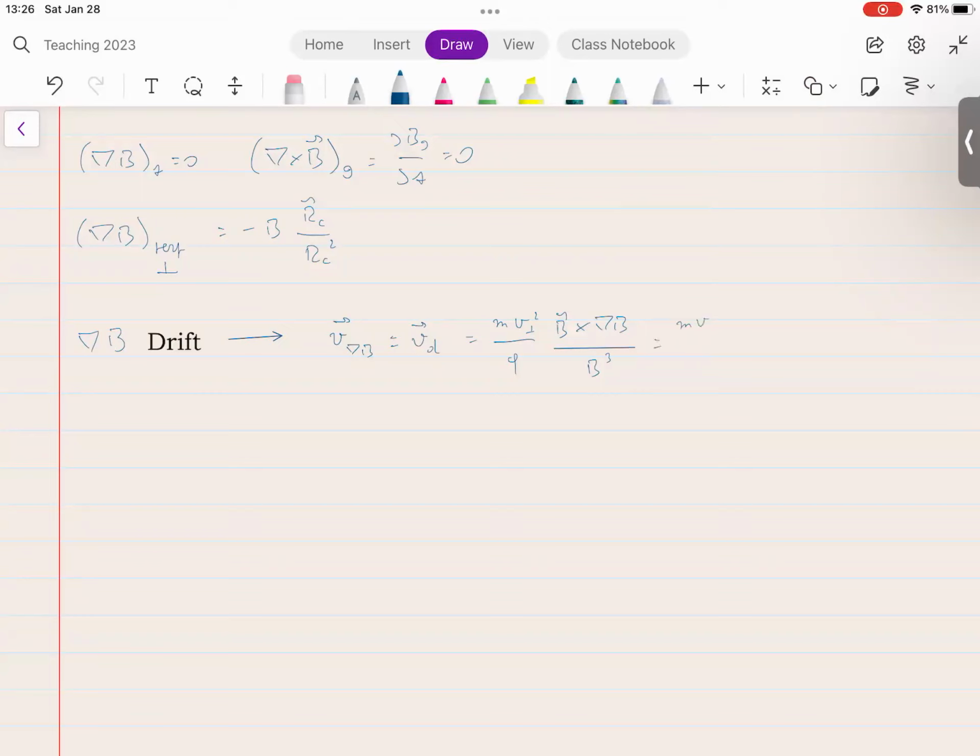Equal to m v perp squared over 2q, R_C cross B divided by R_C squared B squared.